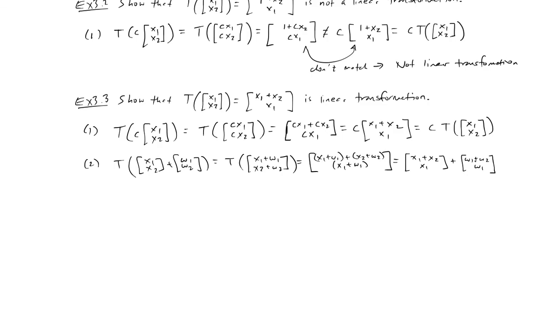So we have the w stuff and the x stuff collected in two groups, and then that is the transformation of (x1, x2), and the transformation of (w1, w2). So it satisfies that second condition, and thus this is a linear transformation. Thus T is a linear transformation.